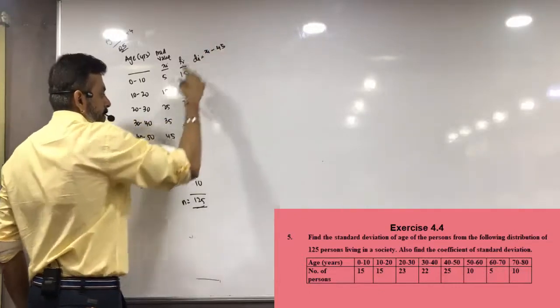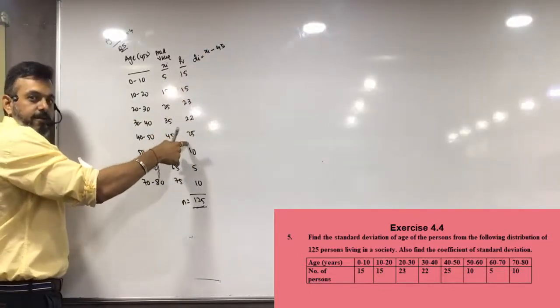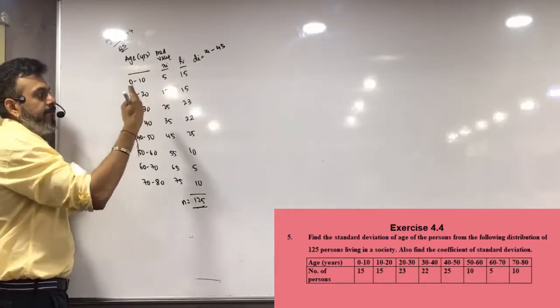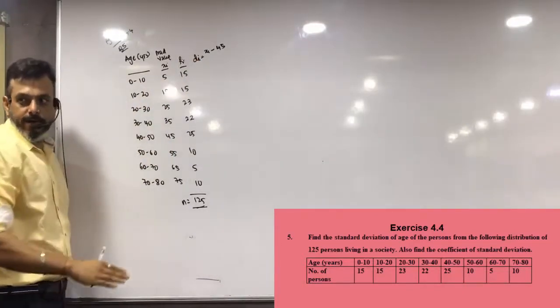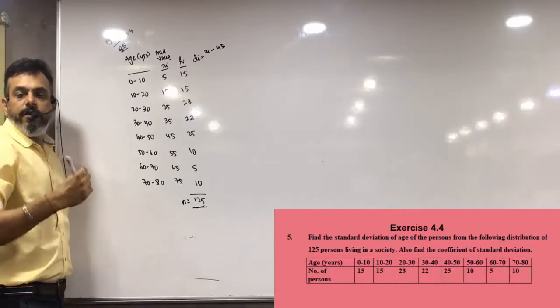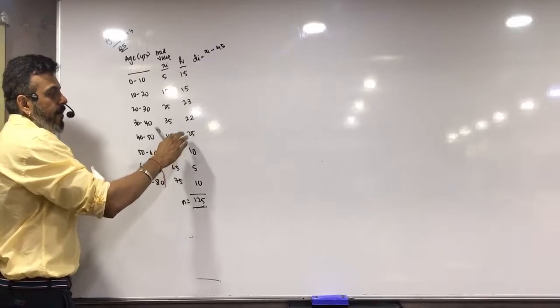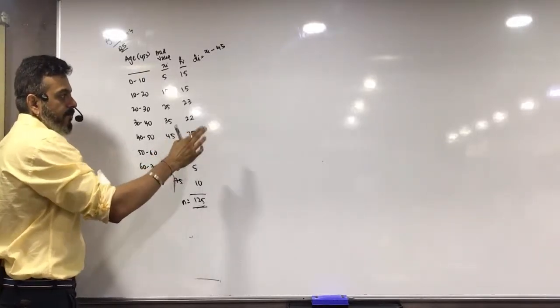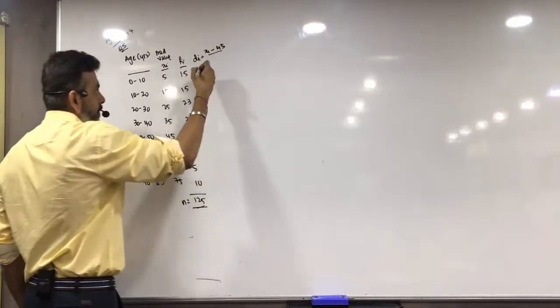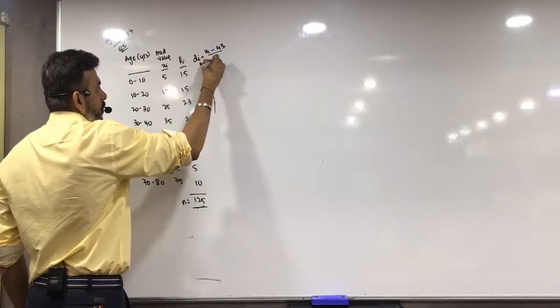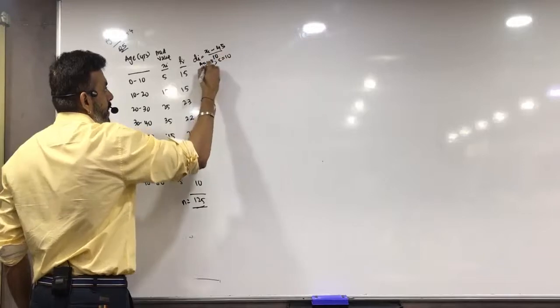Generally, we take the variable with the highest frequency or the centermost. Generally, अगर तुम xi 40 लोगे ना तो भी correct है. Okay, because it's assumed, so any number can be assumed, but generally we go for the centermost with the highest frequency. Upon what? Class length, 10. So A is equal to 45, C is equal to 10.